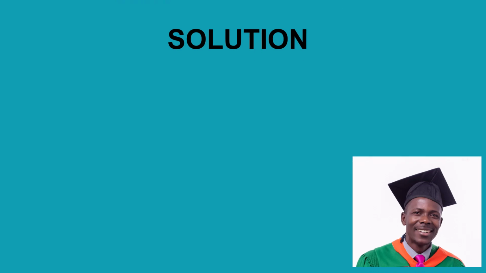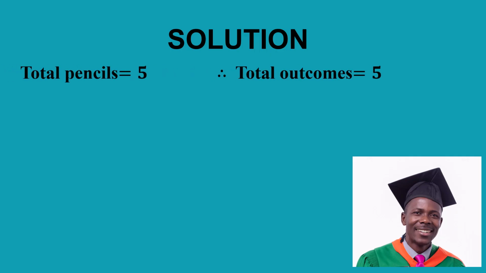Beautiful. Here we are in the solution slide. Take note that Tionge's bag has a total of 5 pencils. Because it has a total of 5 pencils, it simply means our total outcomes is going to be 5. We will be expressing whatever we're getting as out of 5.